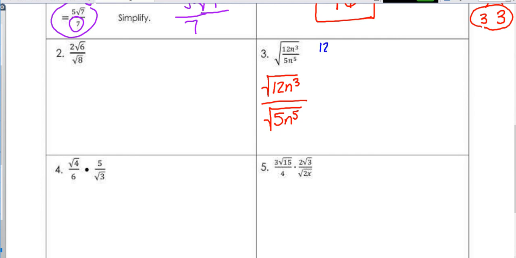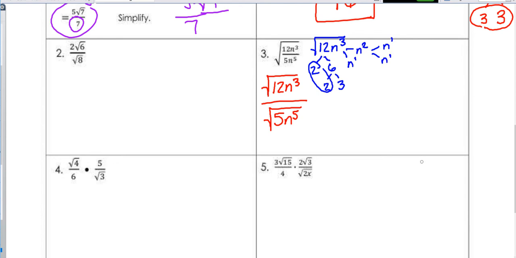So I have 12n cubed under my radical. So I can split 12 into 2 and 6 and then 2 and 3, giving me a 2 on the outside. N cubed, remember, we have n to the first and n squared. N squared splits it up into n to the first and n to the first.